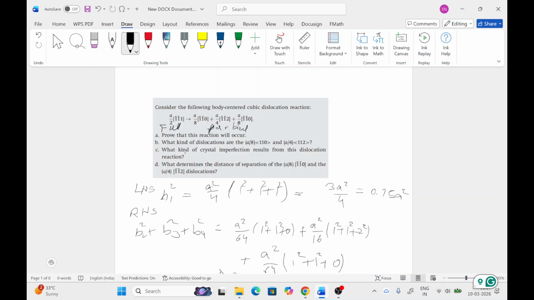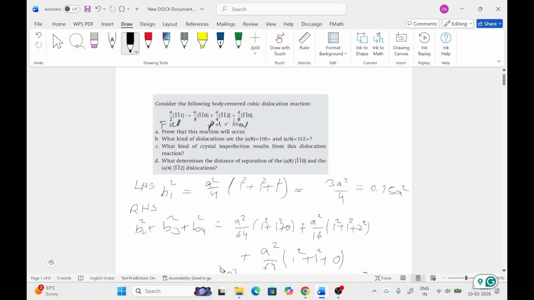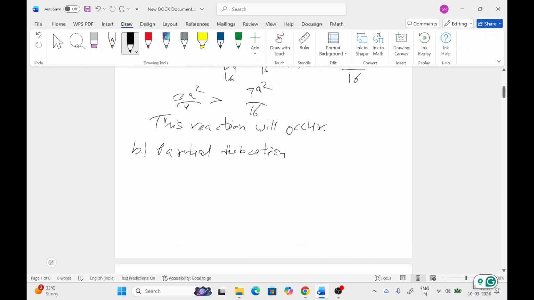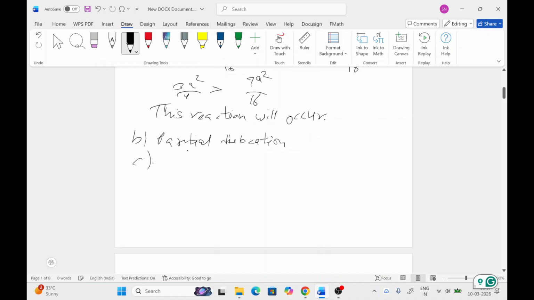In option C, we have what kind of crystal imperfection results from this dislocation reaction. Once the partials form from this full dislocation, that creates a region which is called a stacking fault. Stacking fault means the atomic arrangement got changed.